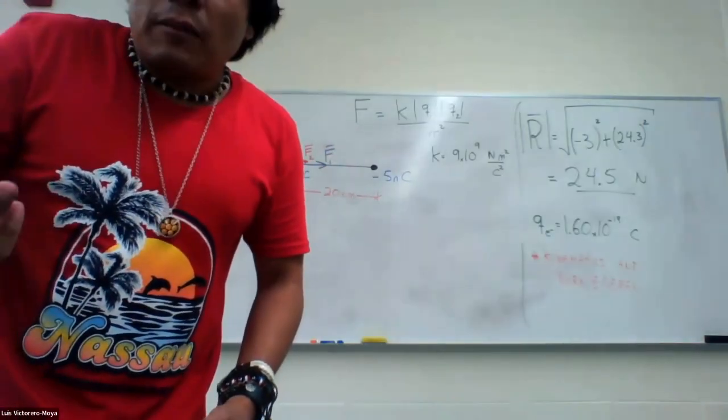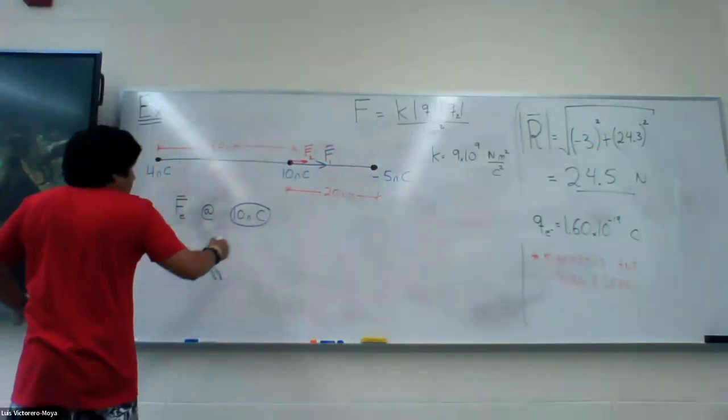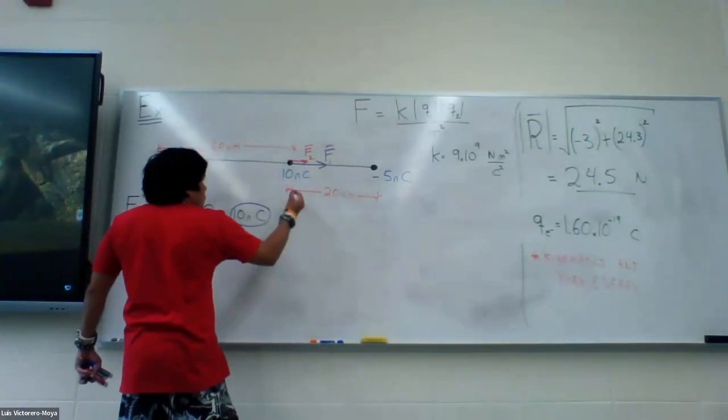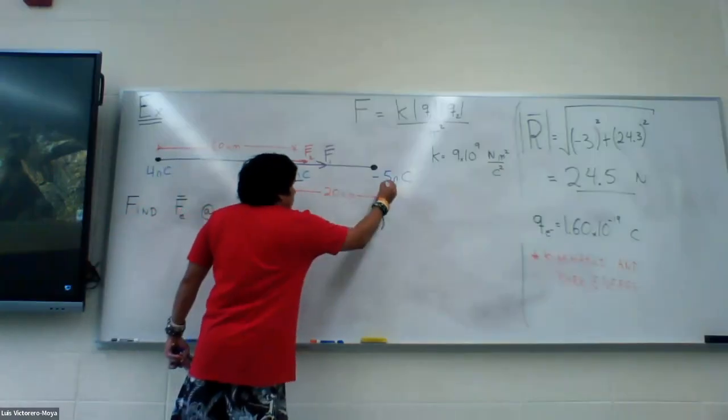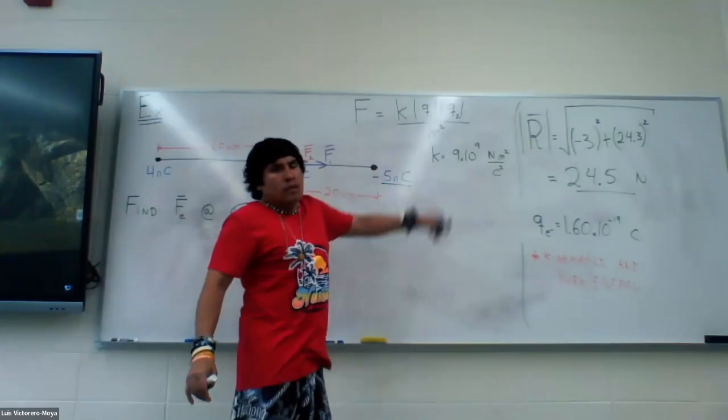So now the next step is to find F1 and F2. So let's find it. How do I find F1? F1 is between 10 and negative 5, but hey, absolute values, right?